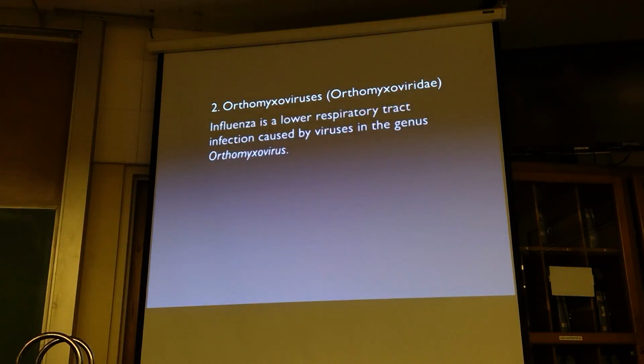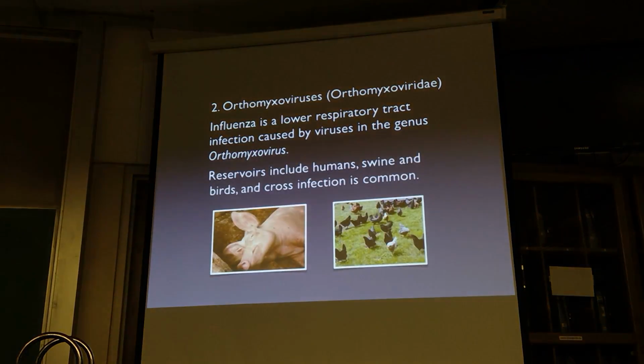Then we come to the orthomyxoviruses. I already talked about this, the influenza virus. Influenza is a lower respiratory tract infection, so much more serious. Sometimes secondary infection can occur in association with influenza, and then people get bacterial infections and develop pneumonia. But again, the orthomyxovirus that causes influenza can infect humans, swine, birds.